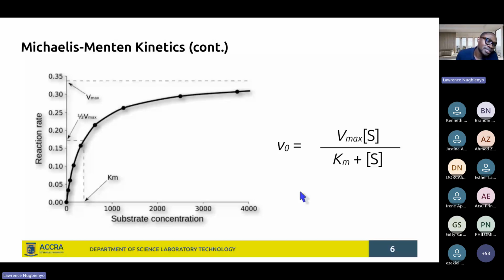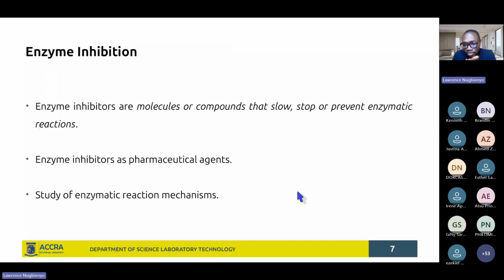All right. So we move on to what we refer to as enzyme inhibition. I think we talked briefly about inhibitors, which are compounds or molecules that can slow down a chemical reaction or terminate the chemical reaction.